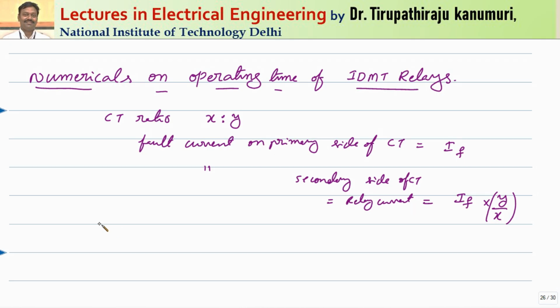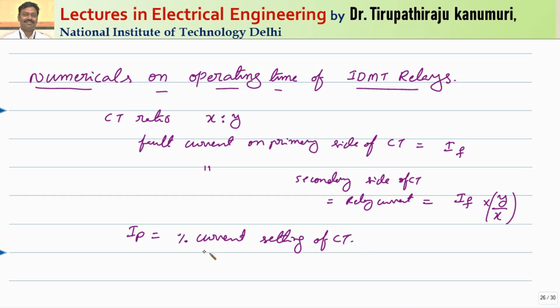The next step is the relay setting that will be provided using the plug setting, because I have told you that it is called the current setting. Let us assume I am representing it by IP. This IP indicates the percentage current setting of CT.